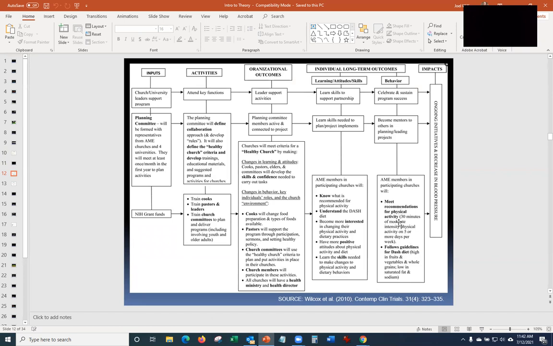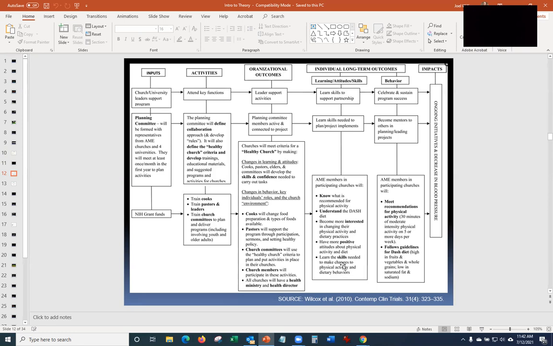But before you can change physical activity and healthy eating, there are certain factors. These are the things that we're really talking about in this course: knowledge, interest, attitudes, beliefs, skills, all of these things that we see in this column and in this box are what we extract from our theories and plug into programs and interventions.